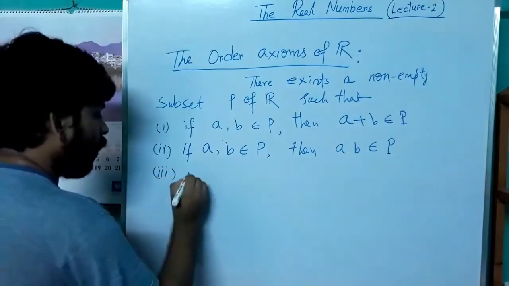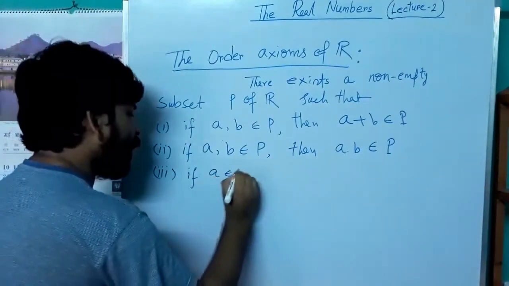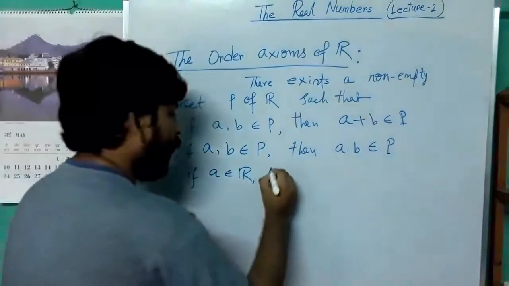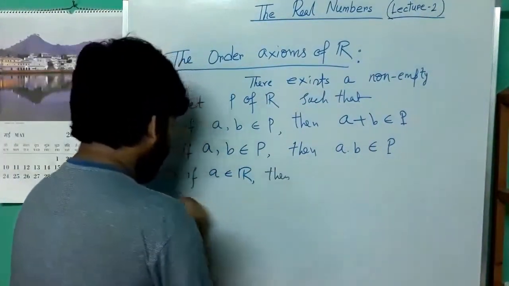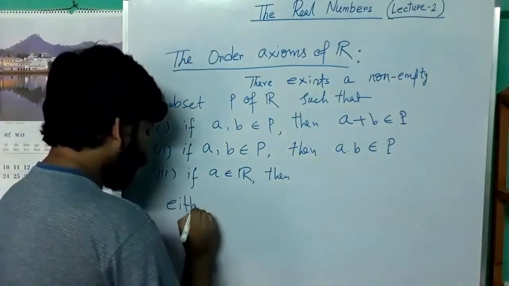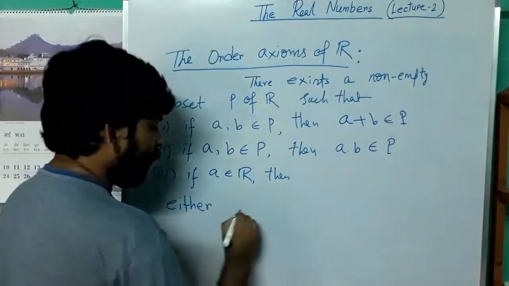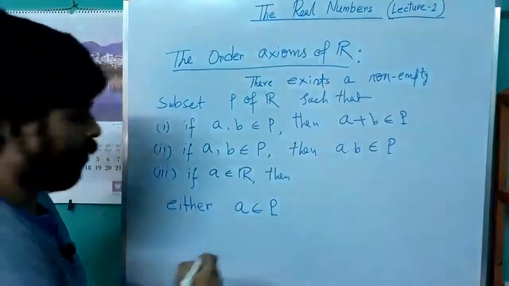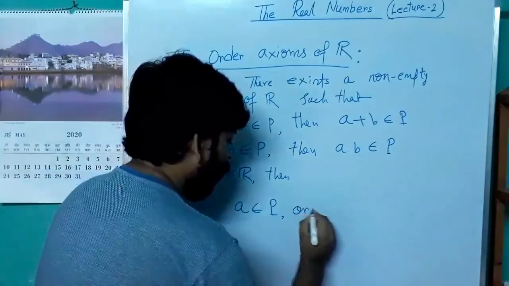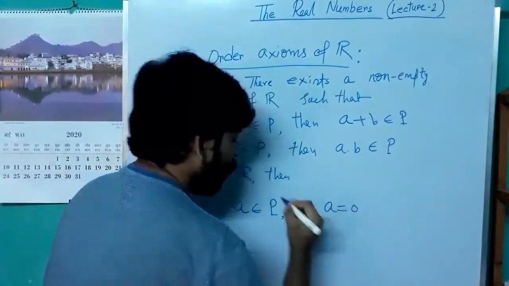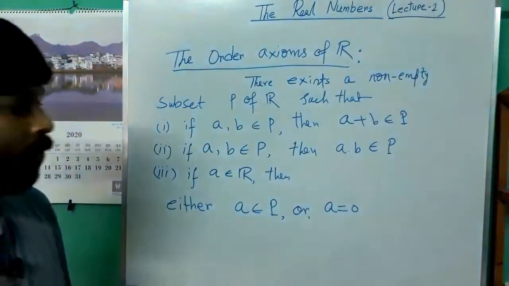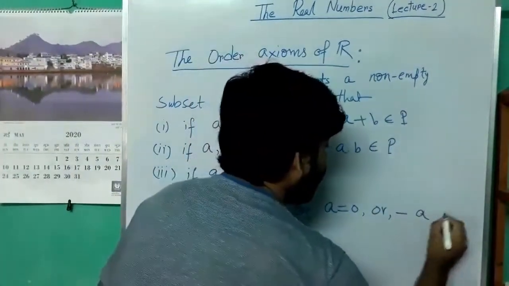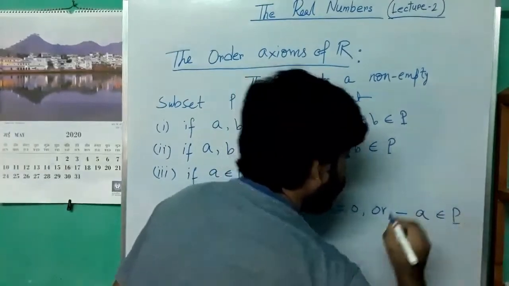The third one is, if we take any real number A, then either A belongs to the set P, or A is equal to 0, or minus A belongs to P.